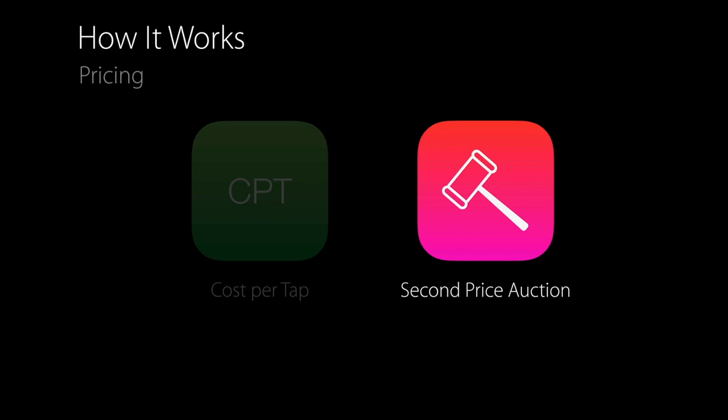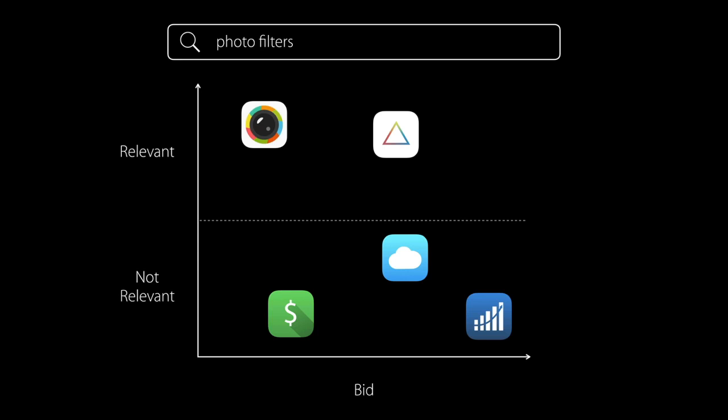This means you'll never pay more than you're willing to spend or more than you need to. And whether your ad will be shown is the combination of your app's relevance to the search query and the amount of your bid, comparative to others bidding on that same query. And as I said earlier, apps that aren't relevant won't be entered into the auction.